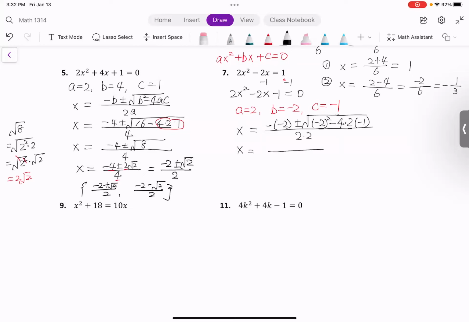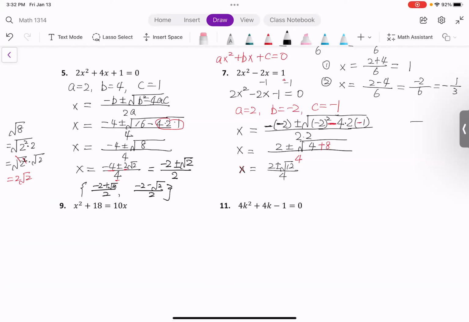Negative negative is positive, so that's 2 plus or minus the square root of negative 2 squared, which is 4, minus negative, positive, so plus 8, divided by 4. x equals 2 plus or minus the square root of 12 over 4.